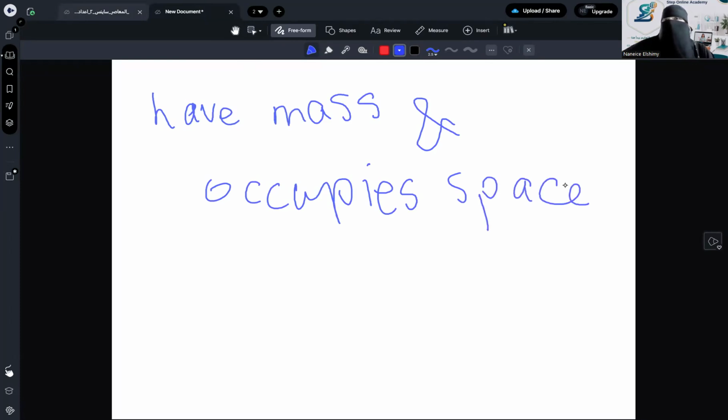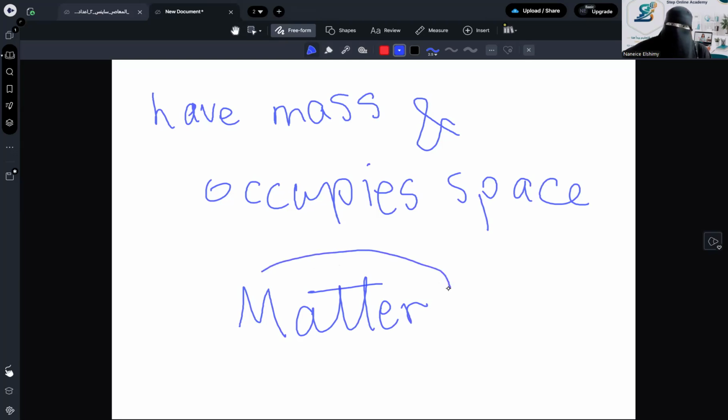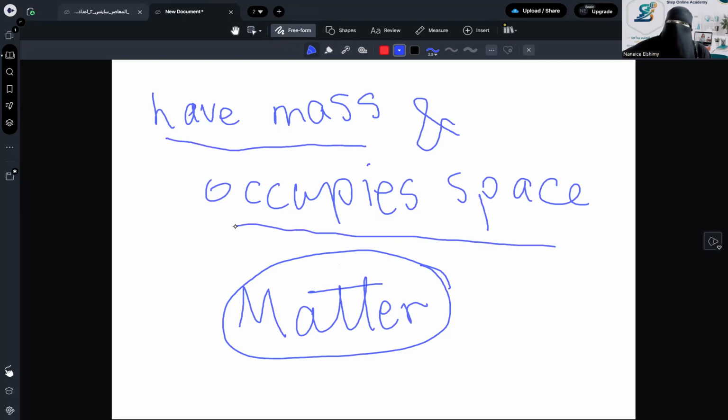So I can name them all matter. Okay. So this is the definition of matter. Matter is everything that has mass and occupies space. Okay, so matter is everything that has mass and occupies space.